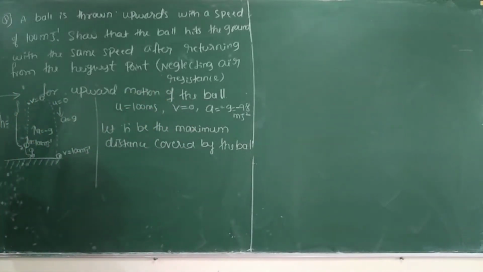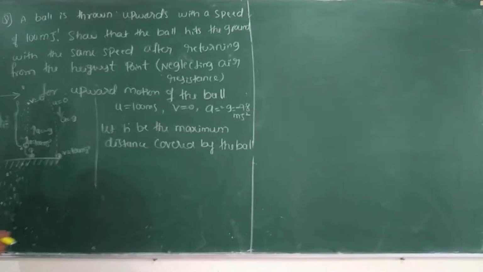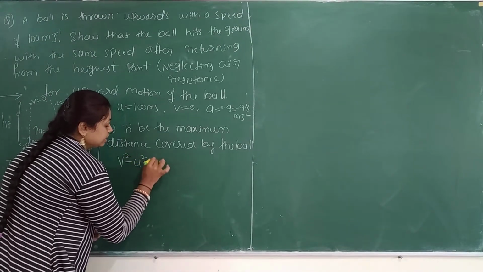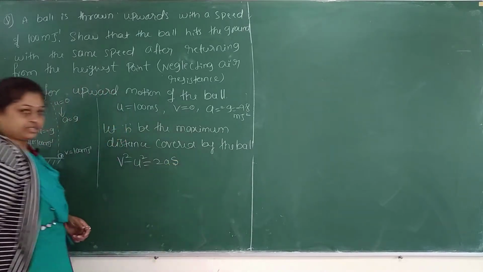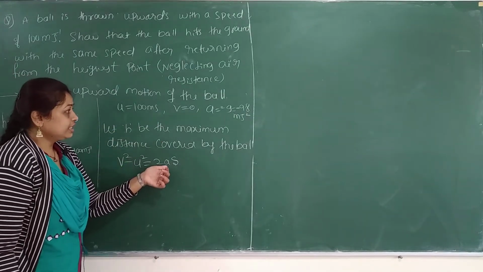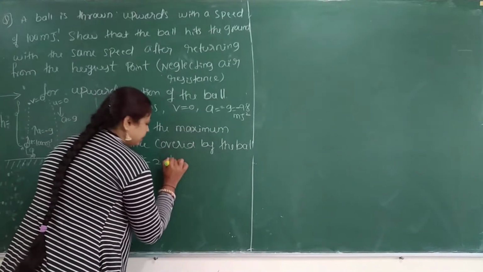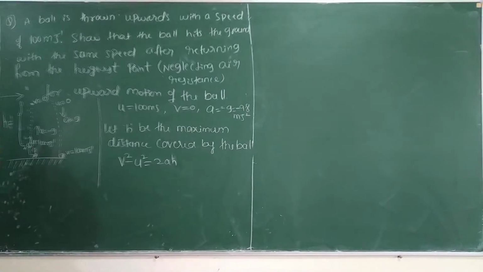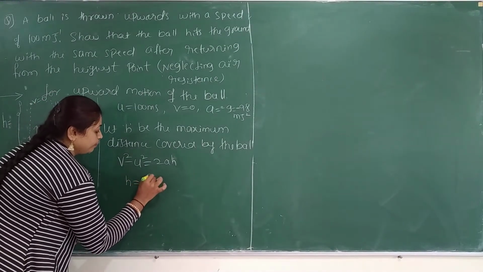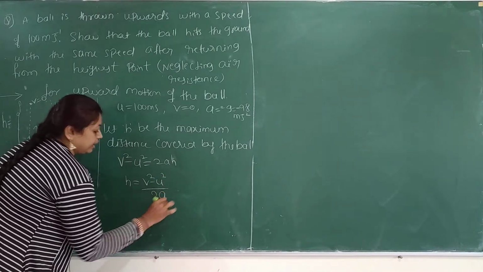Then we can apply the second equation of motion, that is v square minus u square is equal to 2as. Initial and final velocity are known and the acceleration is known. You can calculate s here. Instead of s you can take h because we are talking about a height. So h is equal to v square minus u square divided by 2a.